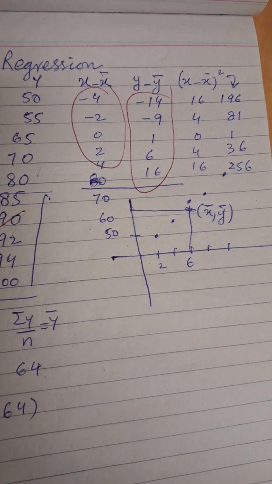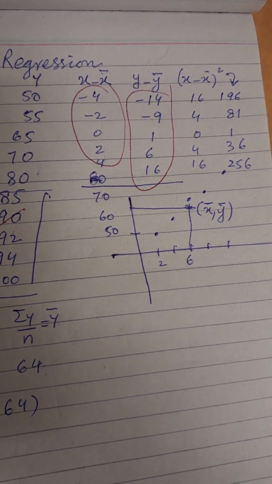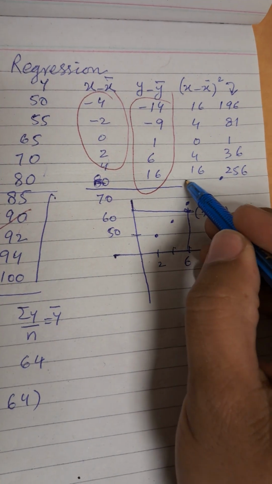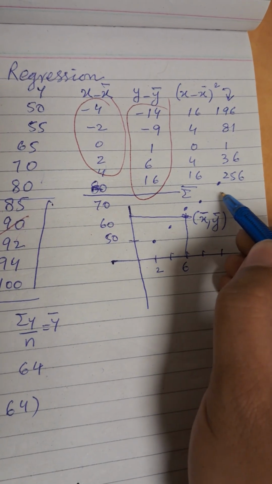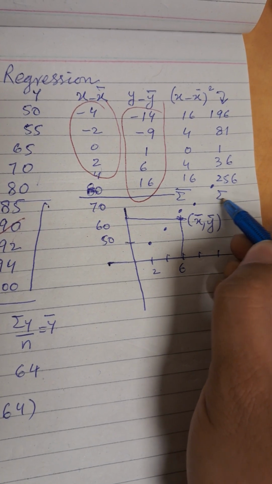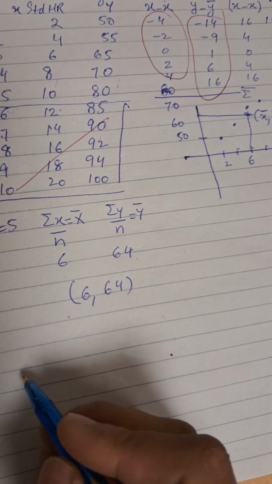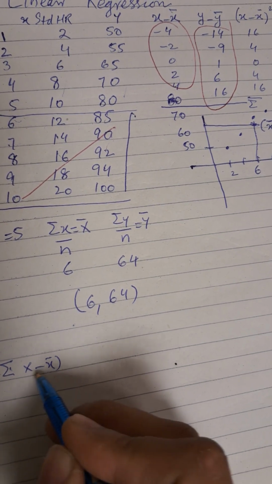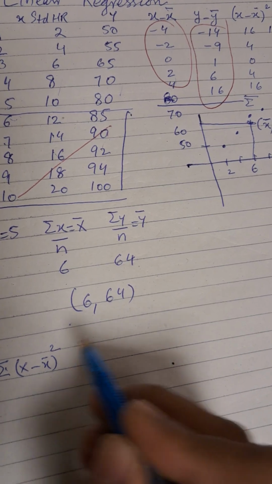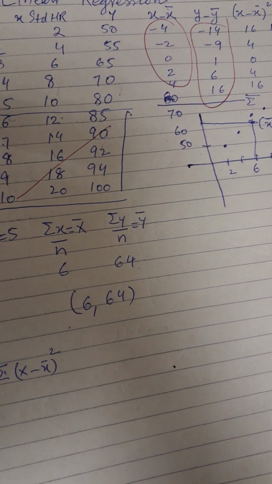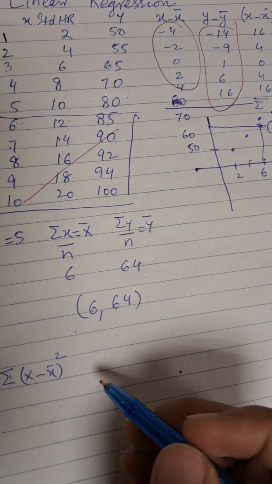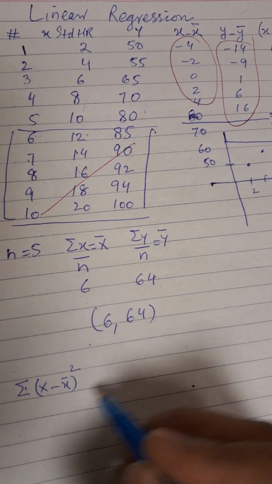So now we have x minus x bar whole square and y minus y bar whole square. We can of course sum them together, and if we sum this and if we sum this, sigma x minus x bar whole square can be calculated, and what we get from that is very, very important.